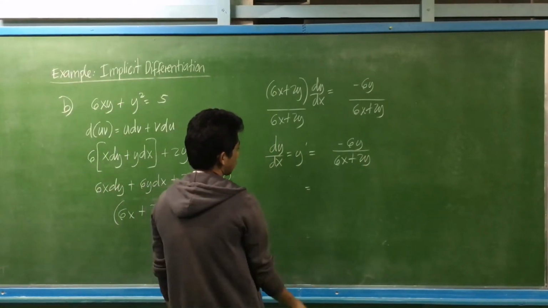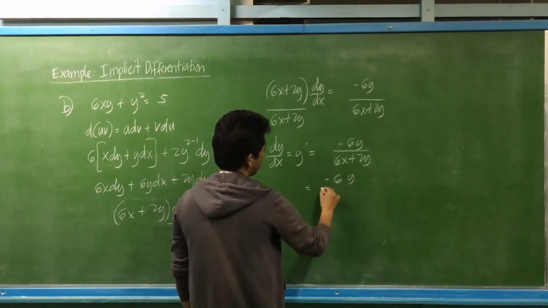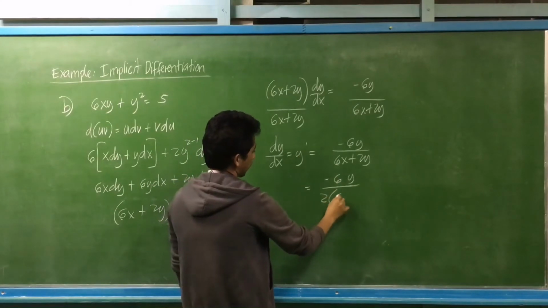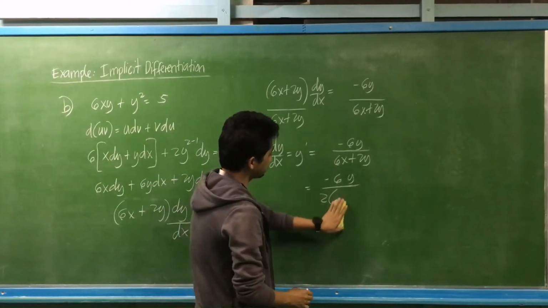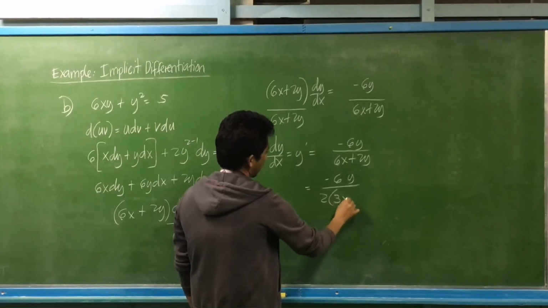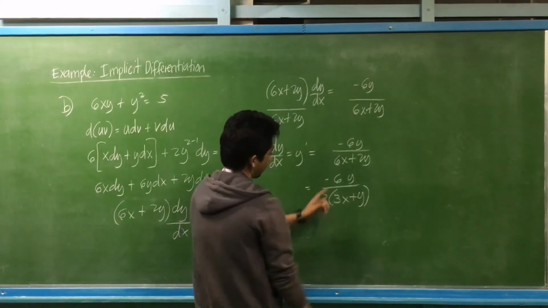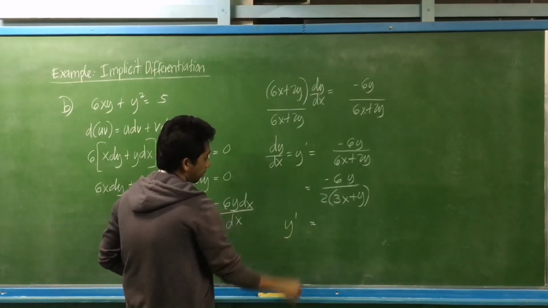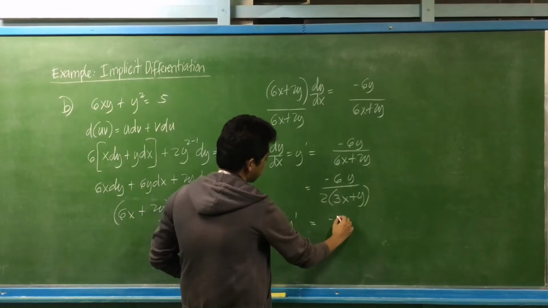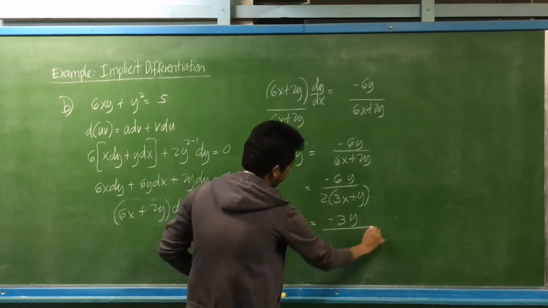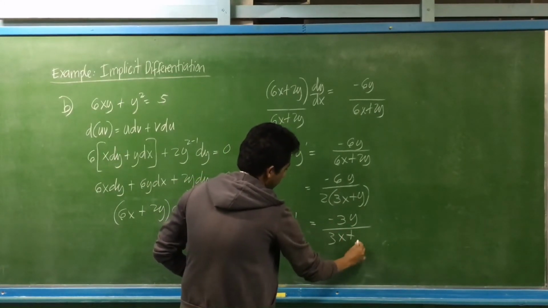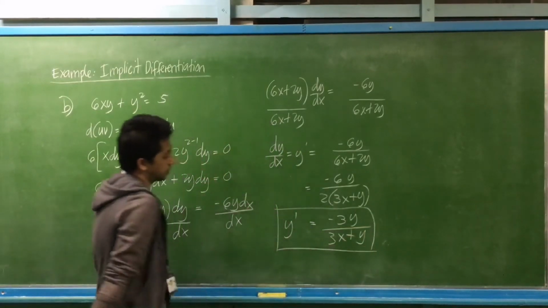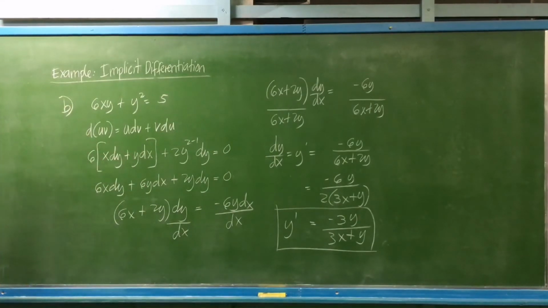We factor out 2 from the numerator and denominator: 2 times negative 3y over 2 times 3x plus y. So negative 6 over 2 is negative 3, and y prime is equal to negative 3y divided by 3x plus y. So this will be the equivalent of y prime, and that is for our second example.